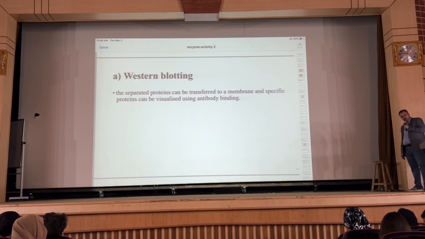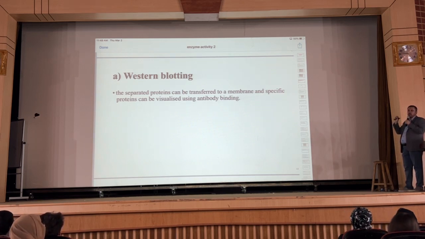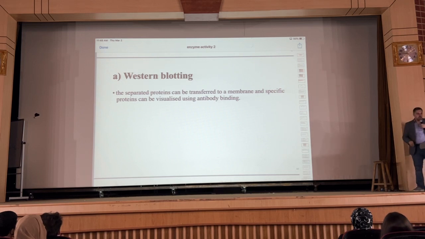After separation of the bands of the protein, you add a specialized antibody to these bands in order to recognize that protein or that enzyme of interest. So the methods are chemical assay, immunological test, and Western blotting for measurement of the enzyme.